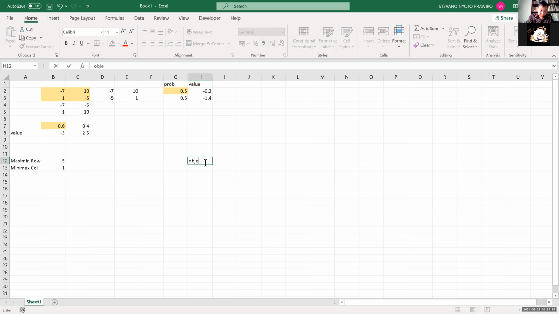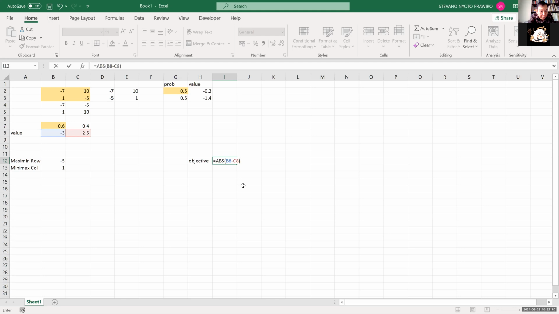The objective is the equal of the absolute value. So the value in the row and the value in the columns, you minus. That one minus. No, minus B minus C. Yes, okay.